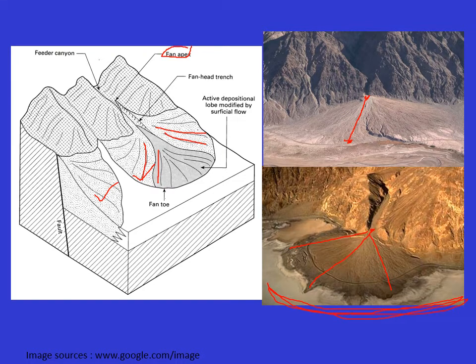Now, often in the case of ephemeral streams, as you know, the supply of water is limited, there is not a continuous supply of water. So after depositing the alluvial fans, the water of the ephemeral streams becomes restricted within this frontal part of the alluvial fan, in this flat land area, and this is a very large area having a flat surface.